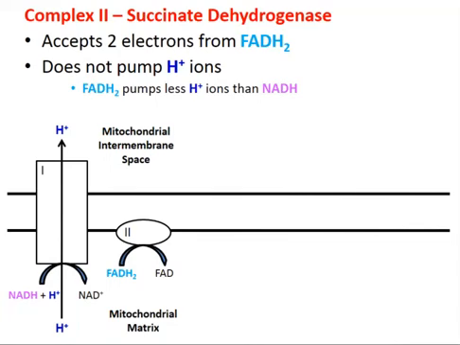As a result, the net number of hydrogen ions pumped is less for FADH2 compared to NADH. And the larger the hydrogen ion gradient, the more ATP. So you get more energy, or ATP, produced per molecule of NADH.